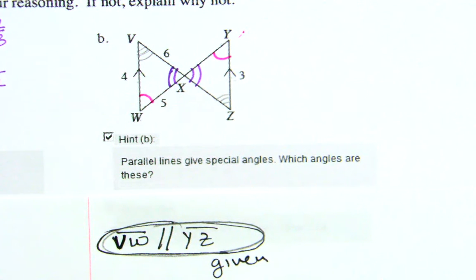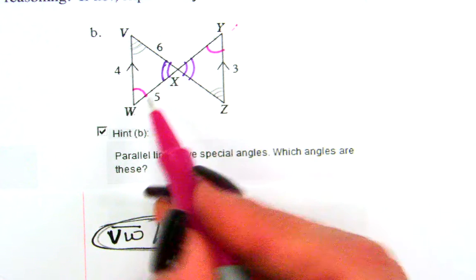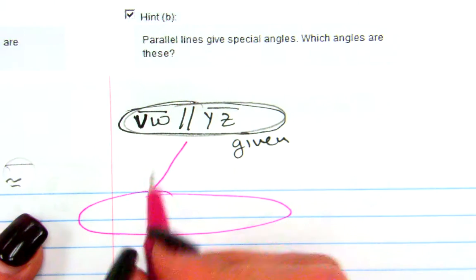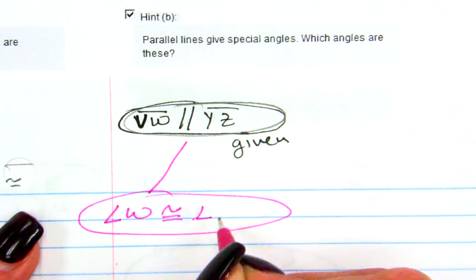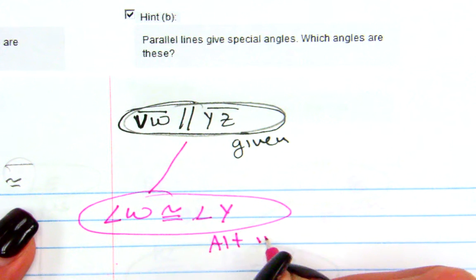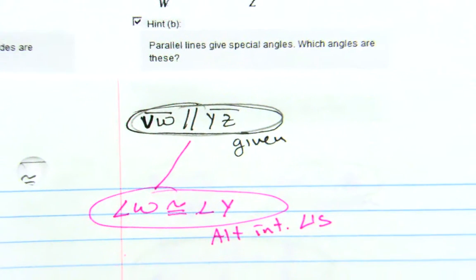Now we can write the next thing that we did, which was talk about those pink angles right here. So that gives us that angle W is going to be congruent to angle Y because of alternate interior angles. I'm taking shortcuts because I don't want to write too much.